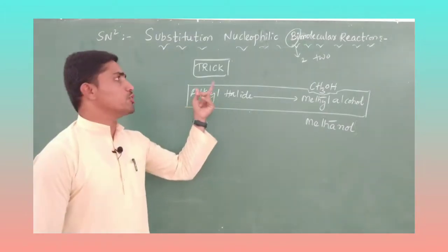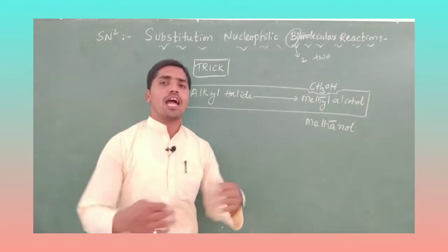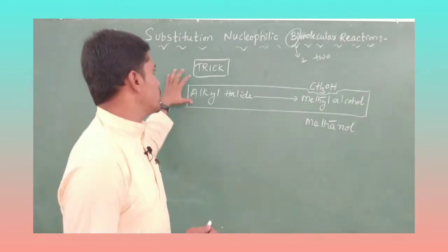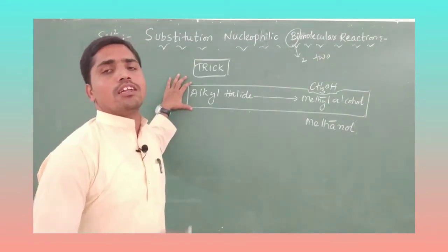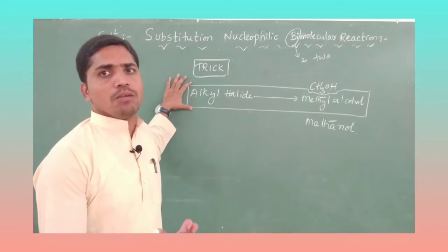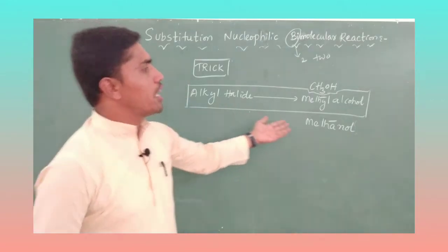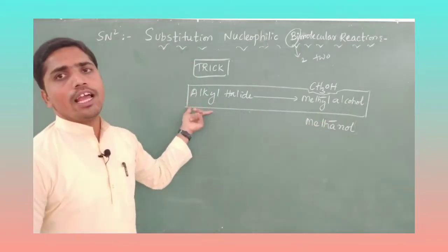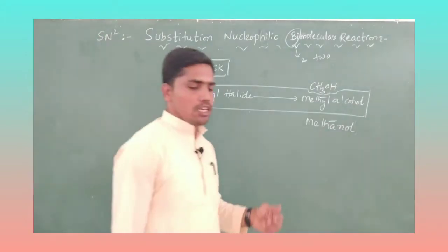Once you remember this trick, you will memorize it for a long time. If the trick stays in your mind, it definitely gives more marks at the time of competition or board exams. So don't forget this trick: we get methyl alcohol by using alkyl halide. Let's see one by one.